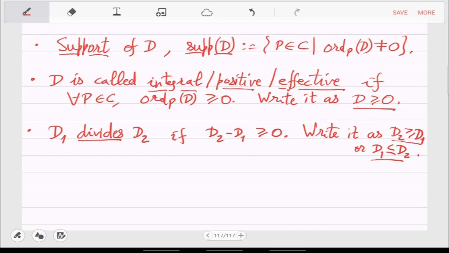Oh, and what happens if D1 is less than or equal to D2 and D2 is less than or equal to D1? If D1 divides D2 and D2 divides D1, then what happens? Yeah, then they are equal, right? So this is not a stupid notation. It actually follows what you think it should. Okay, I think, yeah, maybe we can continue next time.